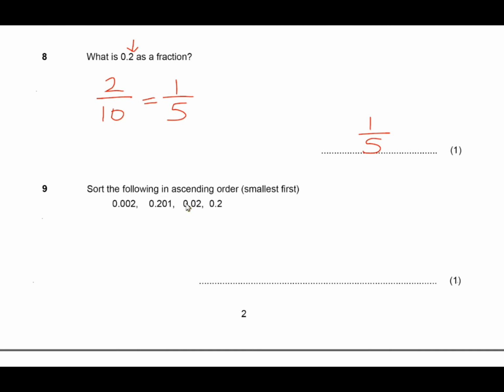Question 9. Sort the following in ascending order. In other words, the smallest number first. The trick with decimals is make them all the same length. So they're all 3 decimal places long. So that's what I'll do to the numbers. So I've got 2, 201, 20 and 200. So 2 is the smallest number. Then the next smallest is 20.